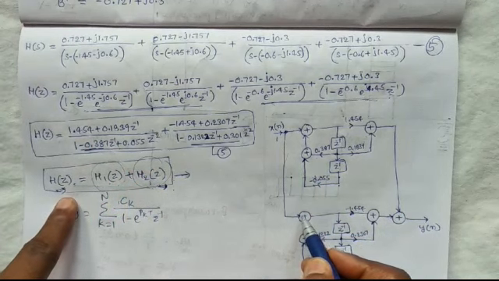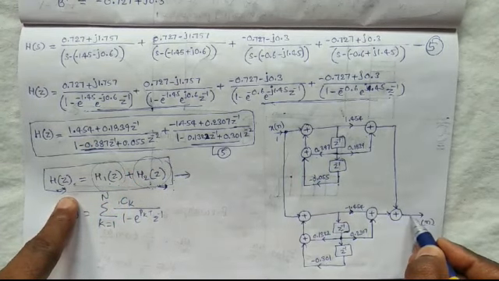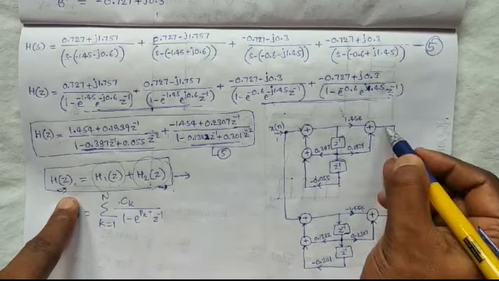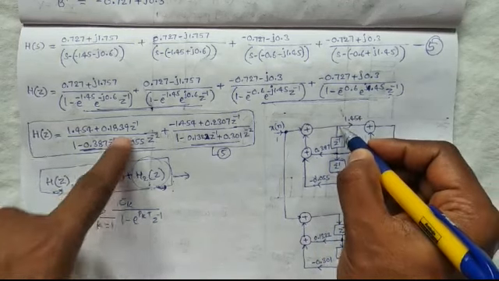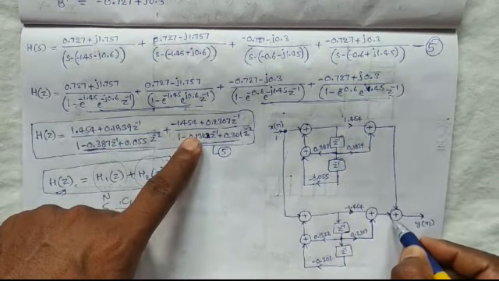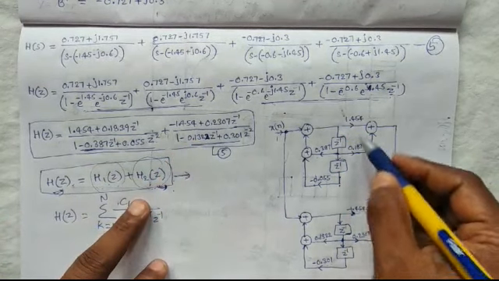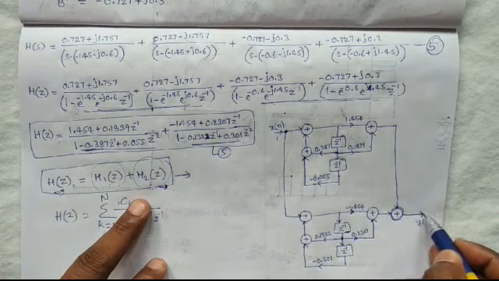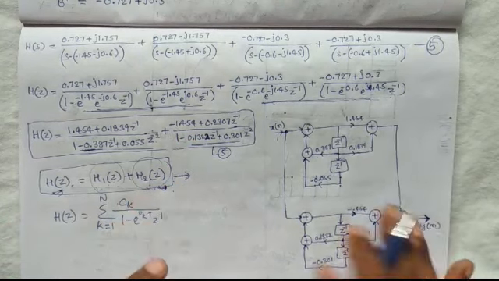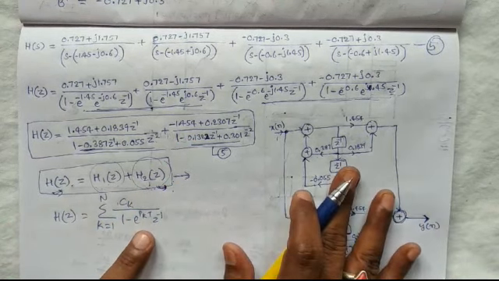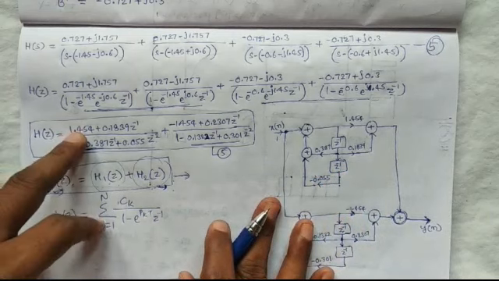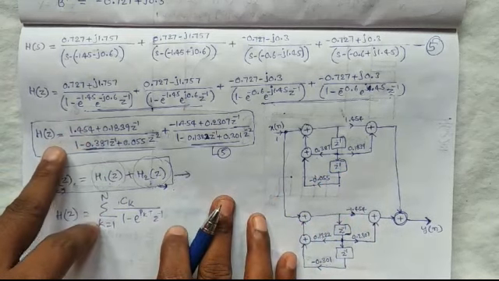The output is the sum of the outputs of these two realizations. The sum of these two realizations produces the output. This is the convenient method of realizing the equation H of z.